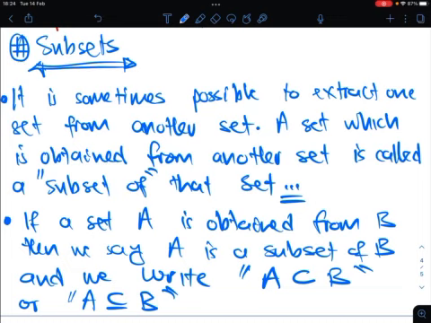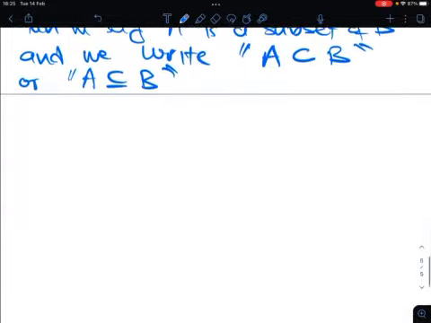So there is a C which is just a C, and a C which has a bar at the bottom. These two symbols can both be used to mean that one set is a subset of another, but they have slight differences between them. So let's talk about those differences between these two symbols that we have just introduced.